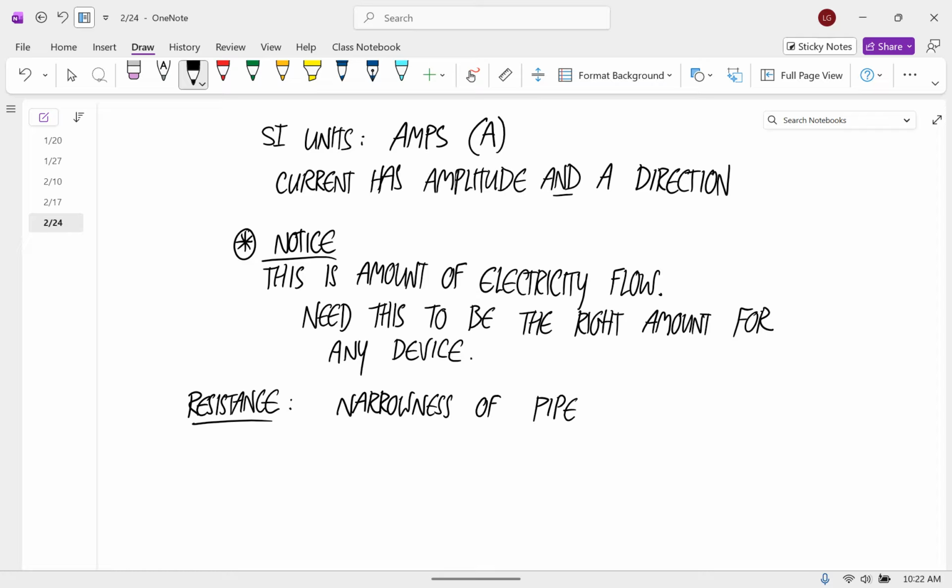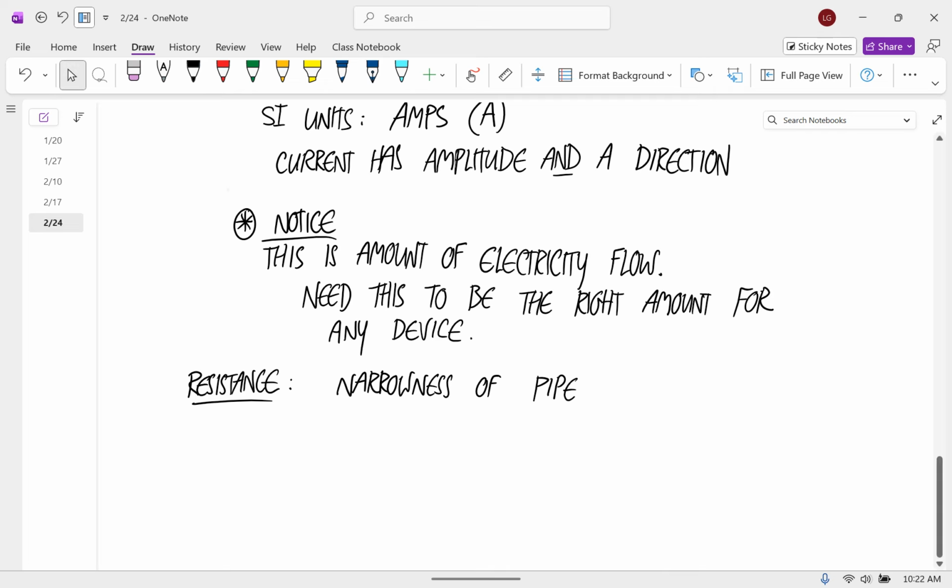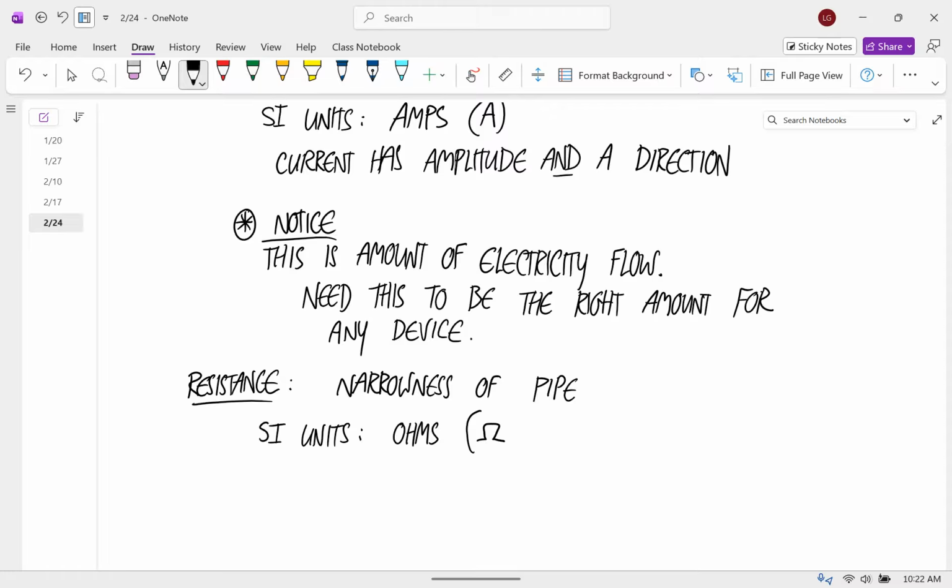Remember that even with the same pressures at the two ends of a pipe, if you reduce the diameter, you get less flow through that pipe. And the equivalent of that in electricity is called resistance. The SI units are called ohms. And the symbol for it is a capital Greek letter omega.